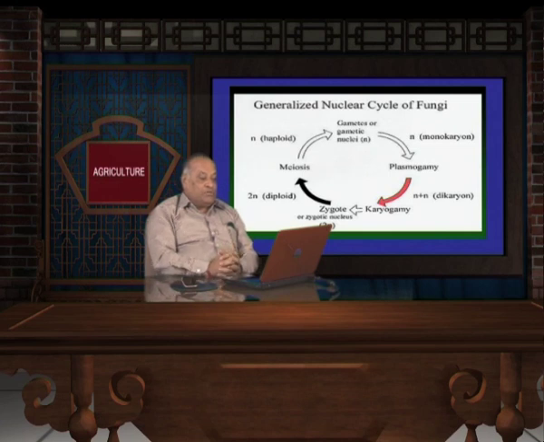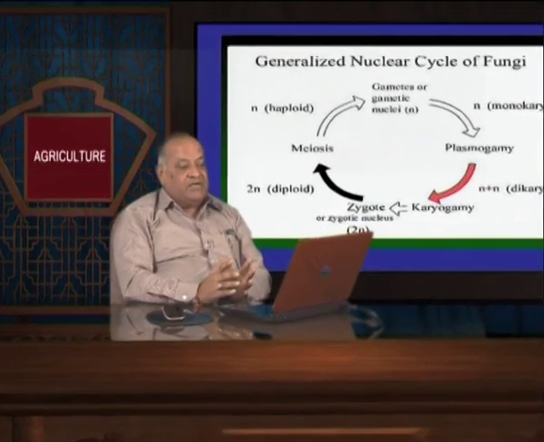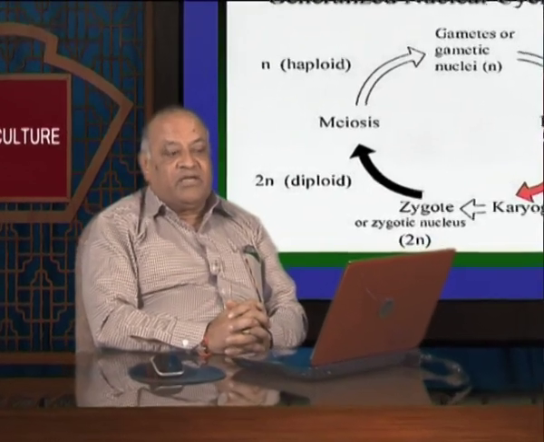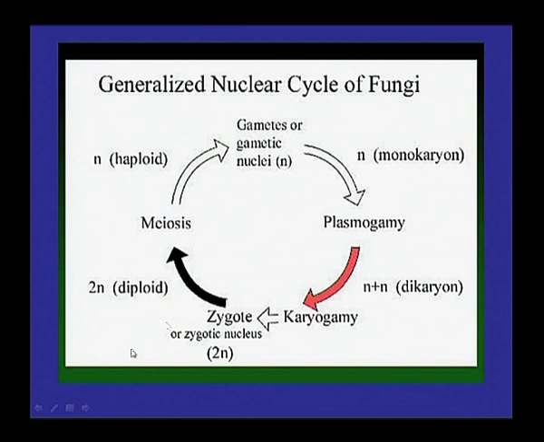Before going to the basidiomycetes or the smuts, I would like us to understand the generalized nuclear cycle of the fungi. The generalized nuclear cycle of the fungi shows that the gametes or gametic nuclei are n in number. It is a monokaryon.